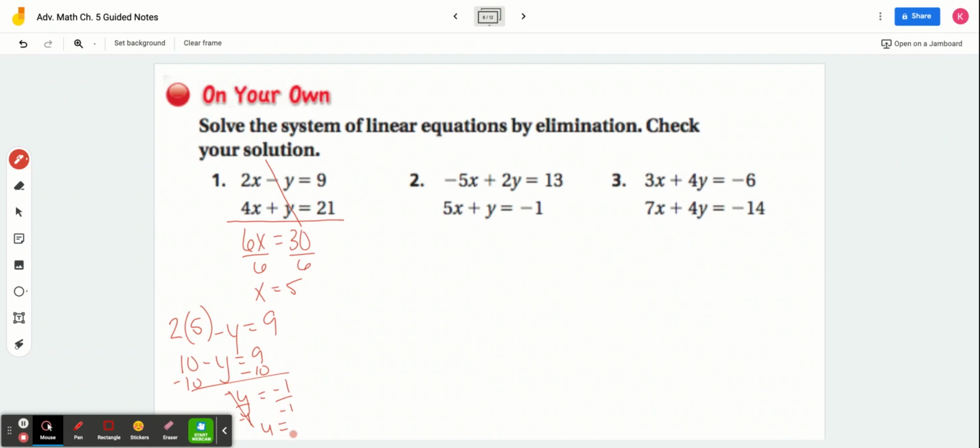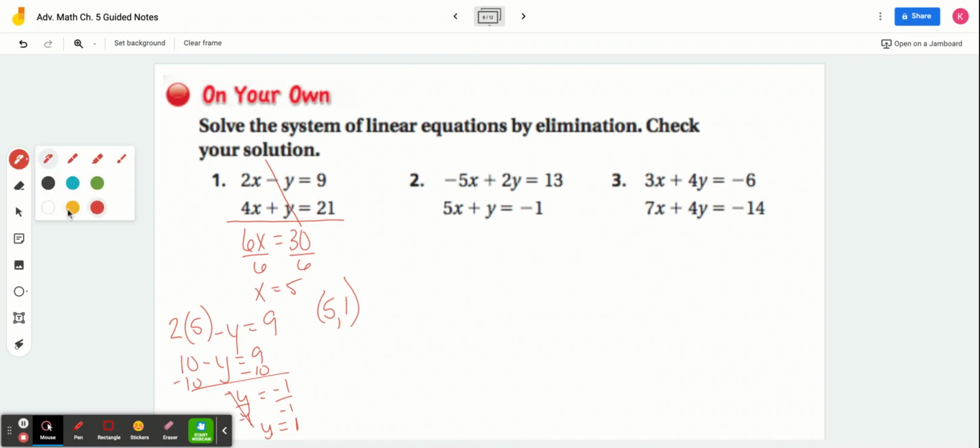So y equals positive 1. Now we can write these values in an ordered pair for the solution of the system. And then that would be the final step there. You can go back and check your work, which is recommended, but I'm not going to show you how to do that here. We've talked about that in previous lessons.